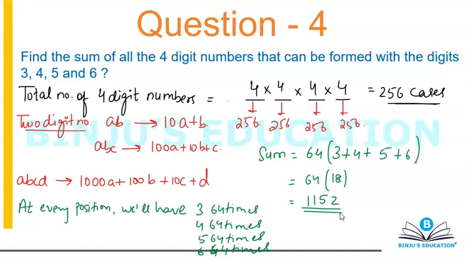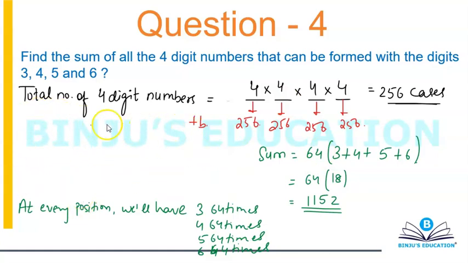Now, if we convert this into a 4-digit number, this will be 1152 for the units position, plus 10 into 1152 for the tens position, 100 into 1152 for the hundreds, and 1000 into 1152 for the thousands. I'll write it properly: 1152 into 1000, 1152 into 100, 1152 into 10, and 1152.